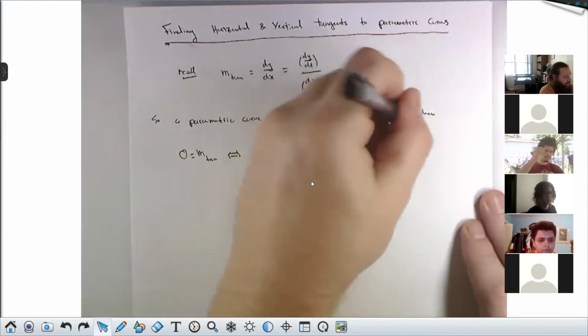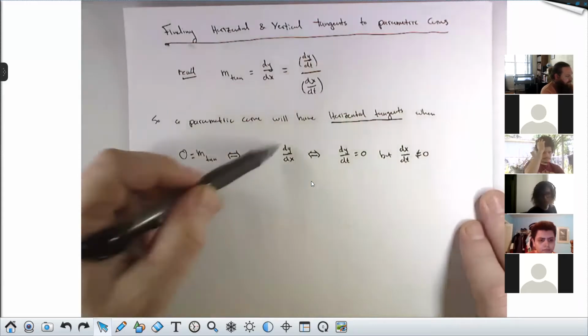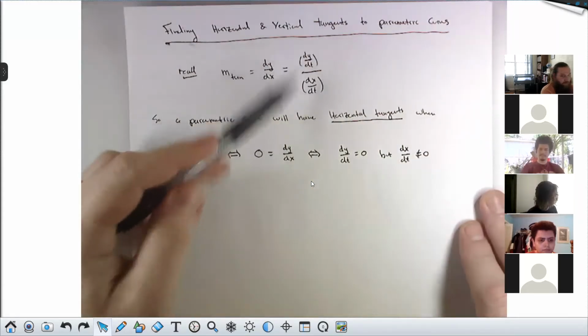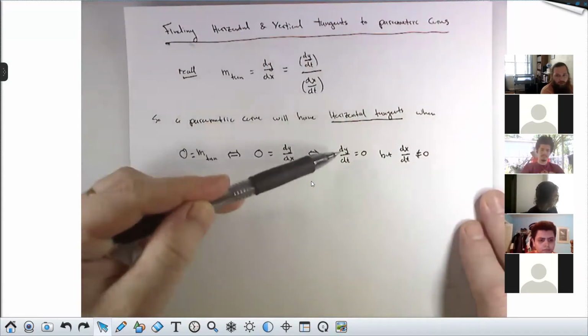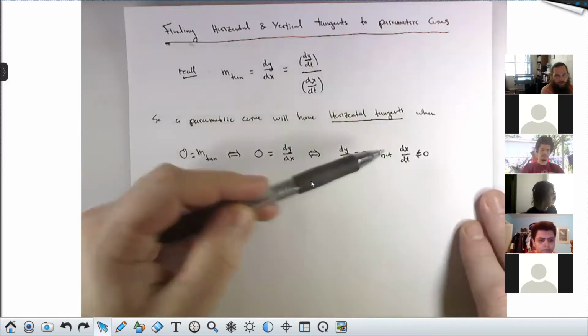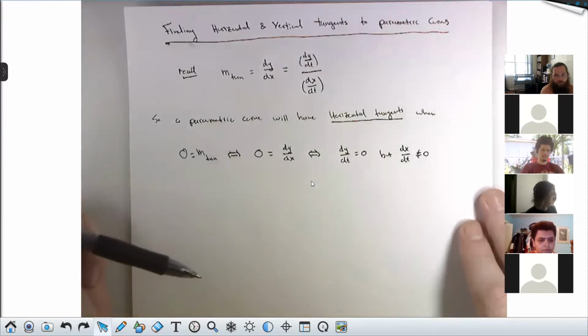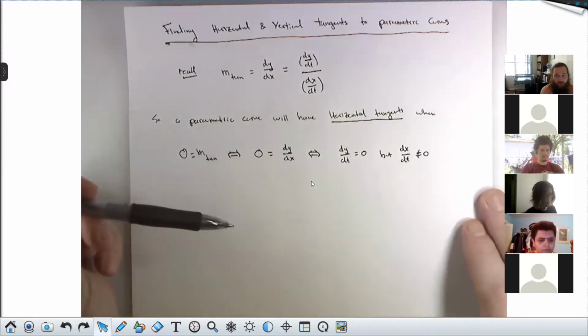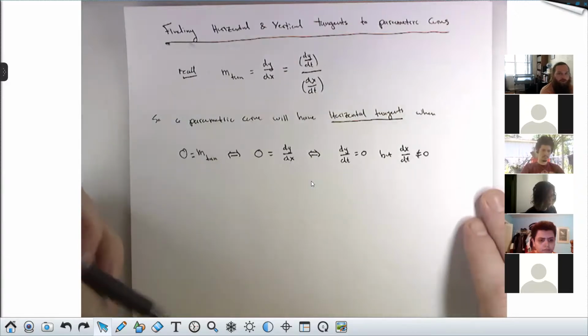So to find horizontal tangents, find your dy dx. It's dy dt over dx dt, and then figure out where the top is 0. Make sure that the bottom is not also 0 there. Then that will be a t-value where this curve has a horizontal tangent.